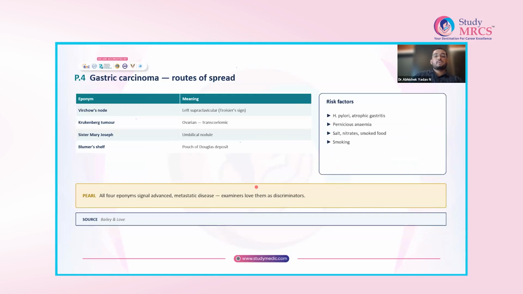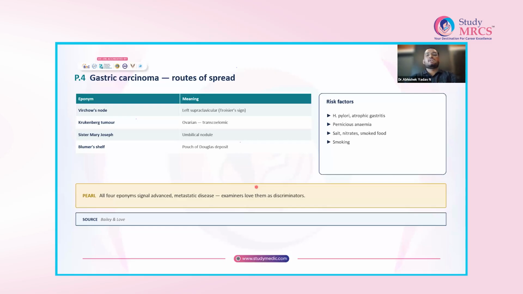Coming to the routes of spread, very important. These are certain key features that you have to remember. Whenever the gastric carcinoma spreads to the left supraclavicular group of lymph nodes, that's called Troisier's sign. Okay, the fancy name for this is Virchow's node. Okay, and if they have a transcoelomic spread involving the ovary in case of females, then the tumor deposit there is called a Krukenberg tumor.